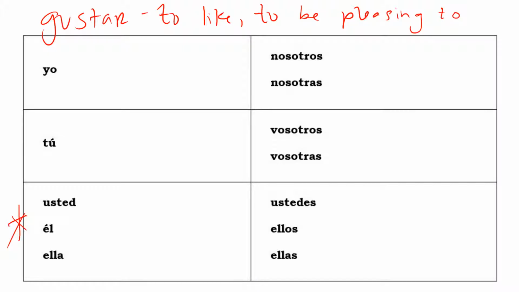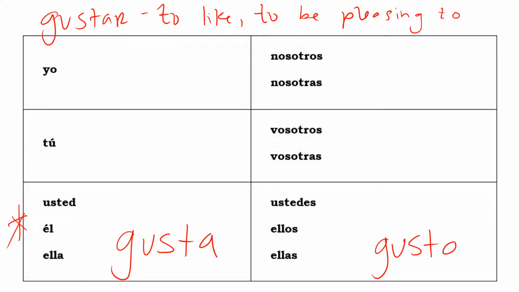So that means we will use gusta and we will use gustan. So we're going to use gusta to say that we like one thing and gustan to say that we like more than one thing. This makes sense because this is our singular side and this is our plural side.